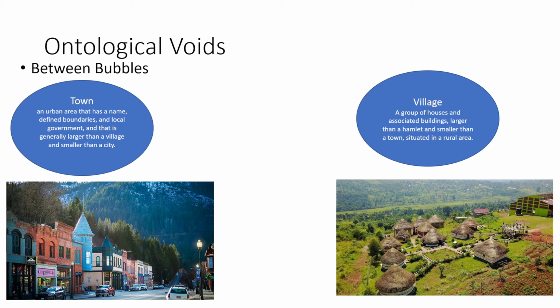You go from a village into a town, and there is a space in between where a community is bigger than a village, smaller than a town, but we don't really have a word for that. Of course, you could argue that village and town are close enough to where things can smoothly transition, but there always will be a void, maybe a small one, between the two, where things are in between.